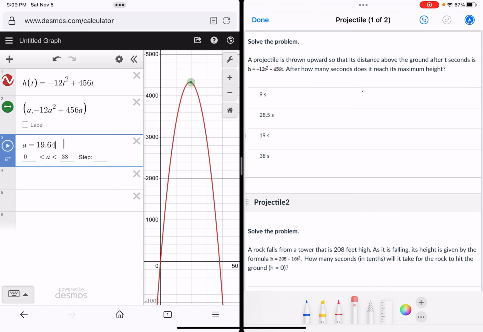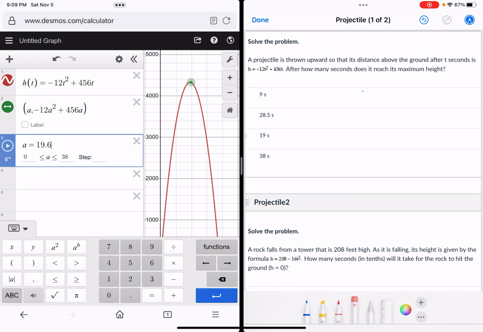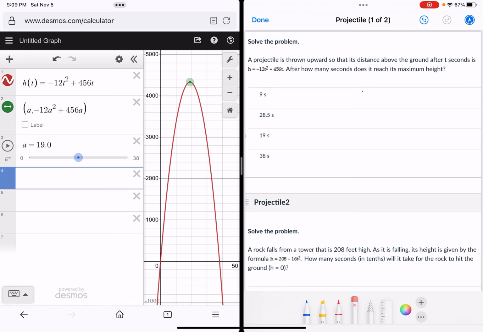You may change this one to 0, hit enter, and then you see that will be the highest point. So here it will be 19 seconds. That will be the correct answer.